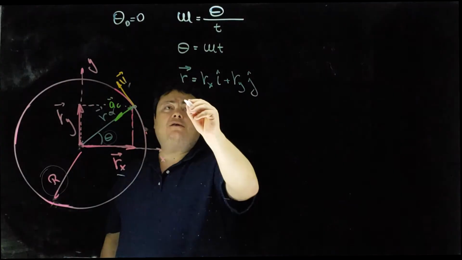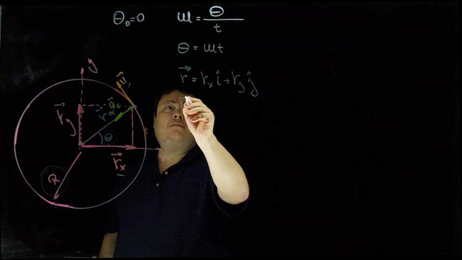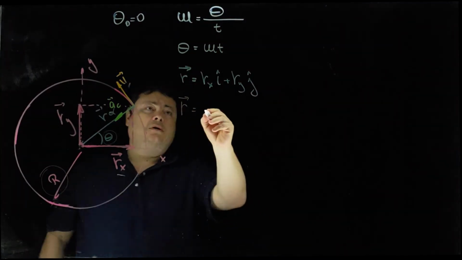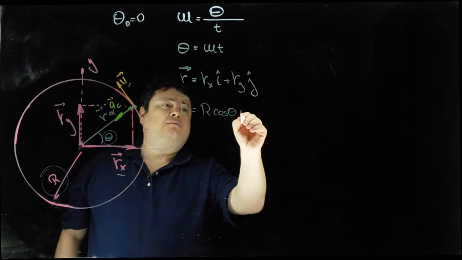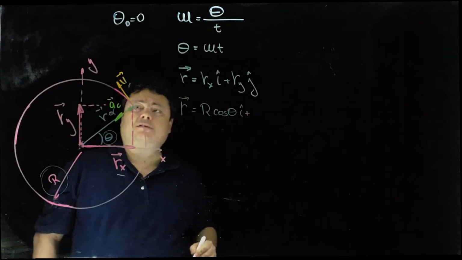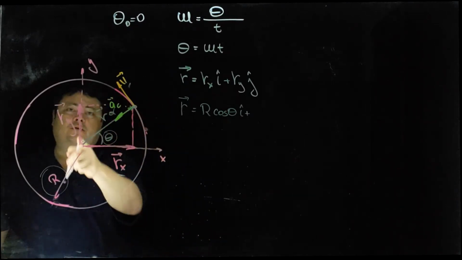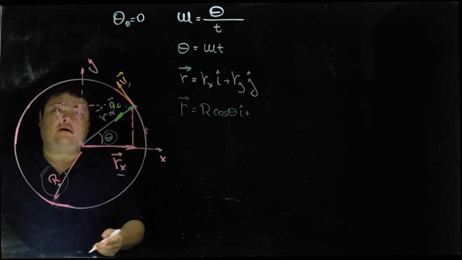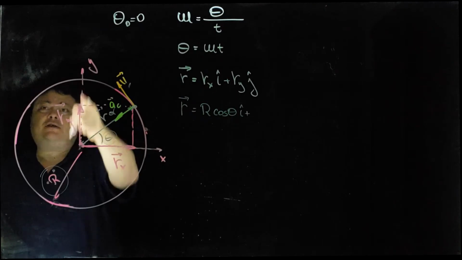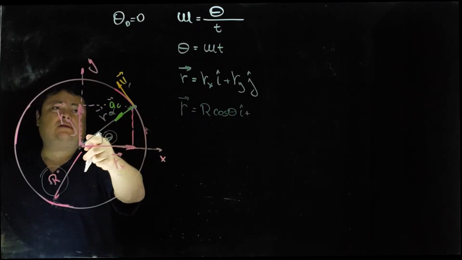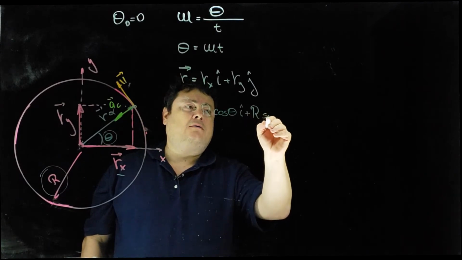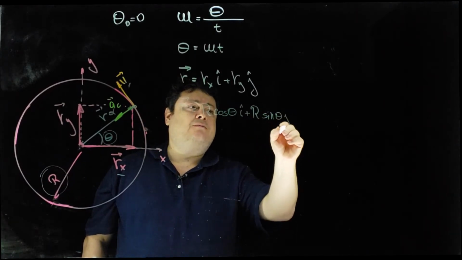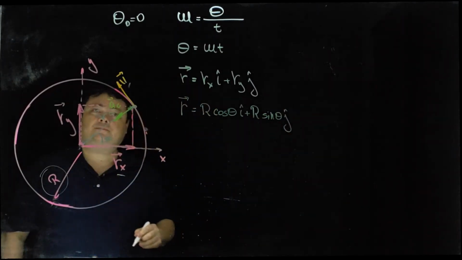So I can write this r as r cosine of theta i hat plus the y component, which follows the same idea, but now is a projection on the y axis, or the opposite side to the angle theta. So this would be r sine of theta j hat.